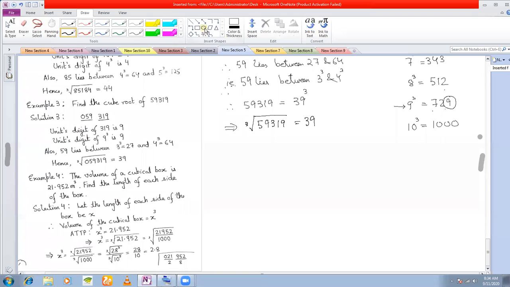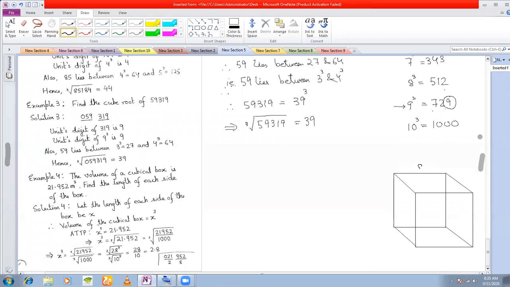What does the cube look like? This is what a cube looks like, right?